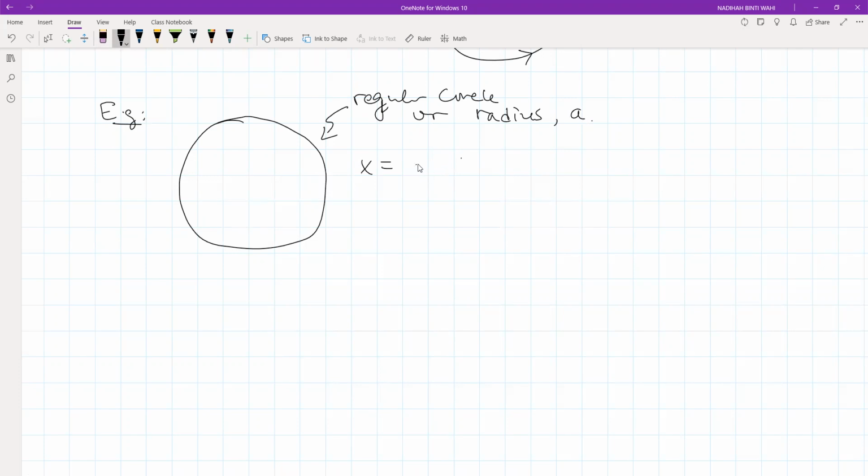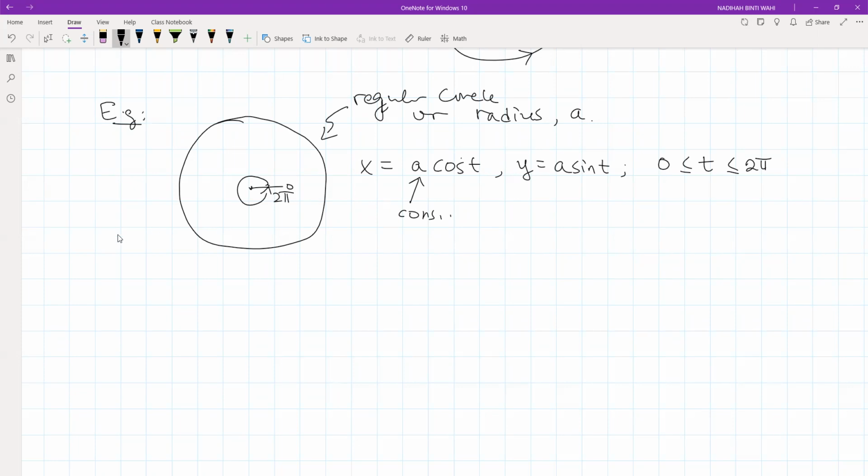So a is a constant. x equals a cosine t, and then y equals a sine of t. And then t goes from 0 to 2 pi. So this starts from 0, and then goes back to 2 pi. Then a is a constant, not a variable, because we are only looking at one particular variable.